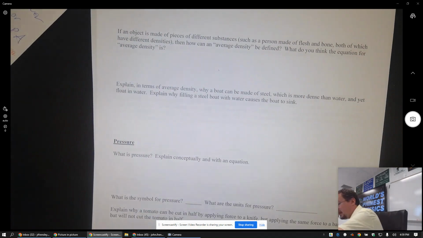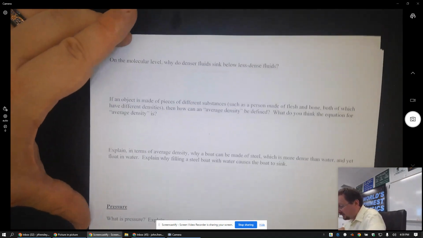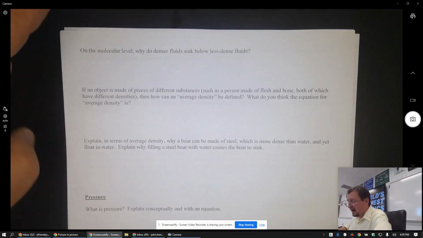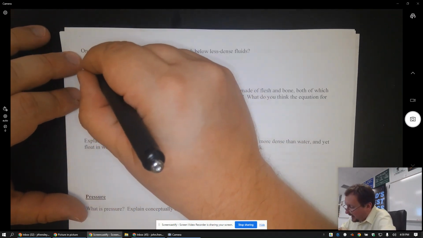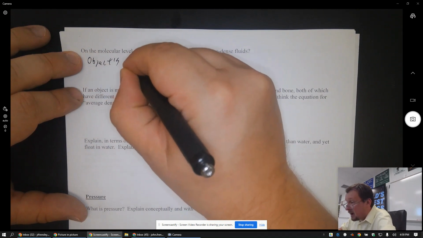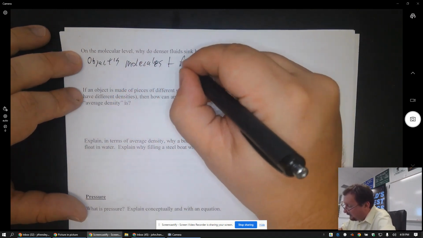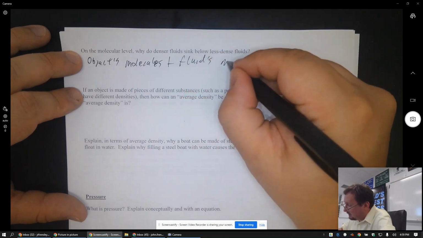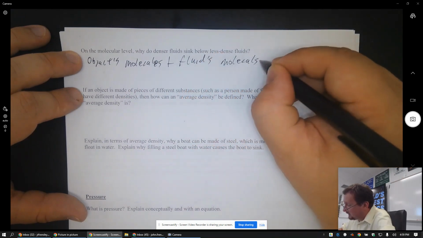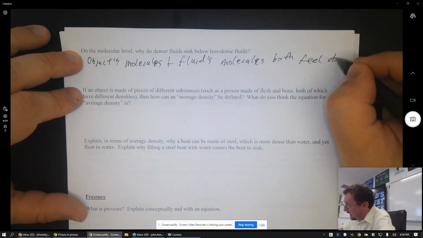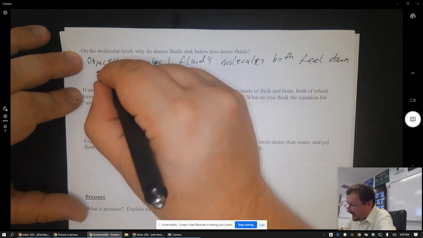Okay, on the molecular level, why do denser fluids sink below less dense fluids? This is kind of difficult to understand, but the idea is that the object's molecules and the fluid's molecules both feel a downward gravitational force.